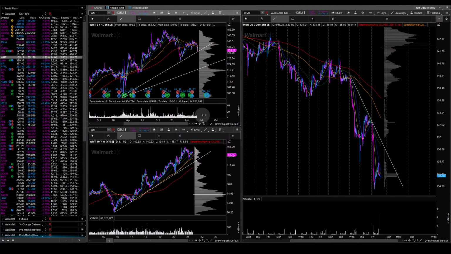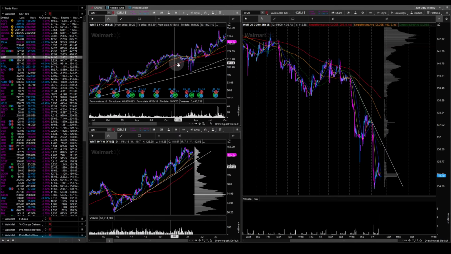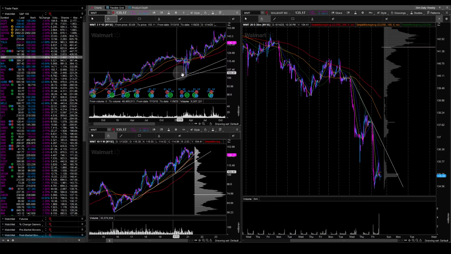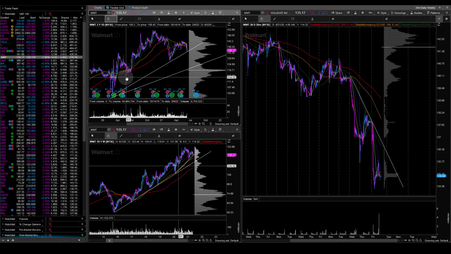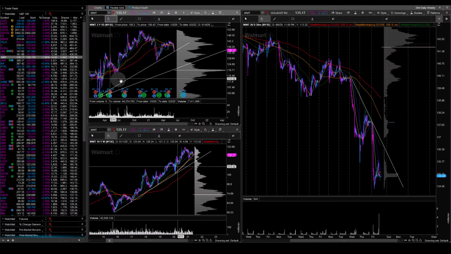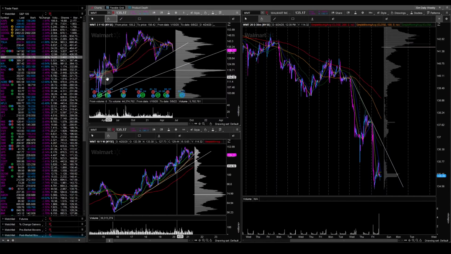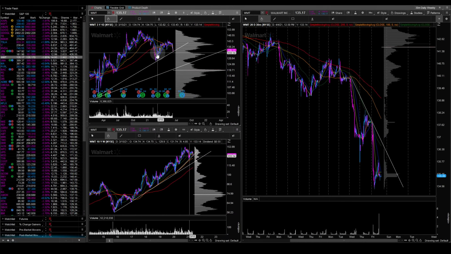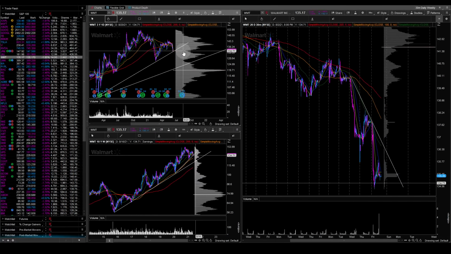So essentially, let's see, use that little hand tool. Yeah, it goes all the way back. It hasn't been higher than this, so it is nice to look at the volume profile looking back 3 years. So anyway, low volume node, high volume node.